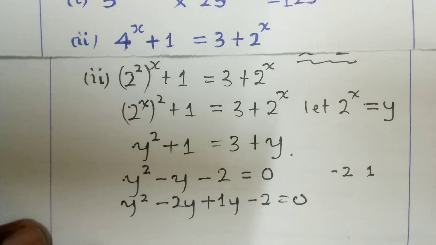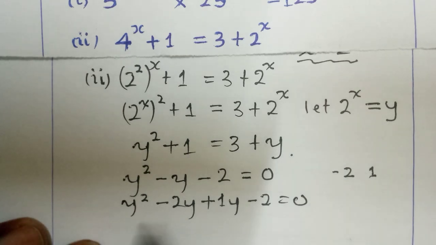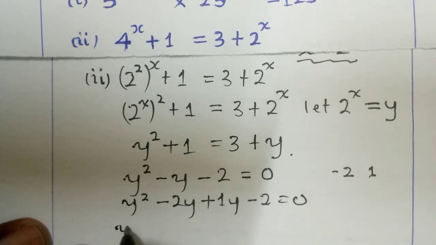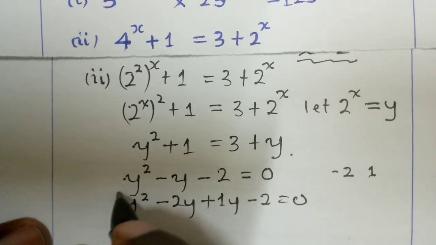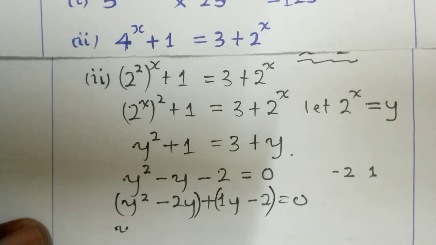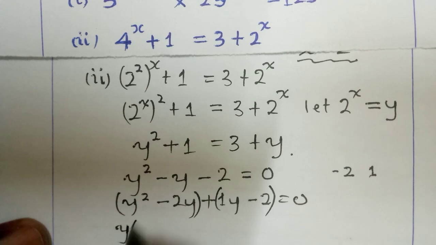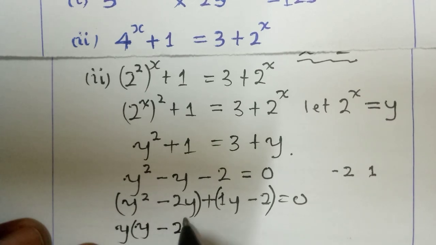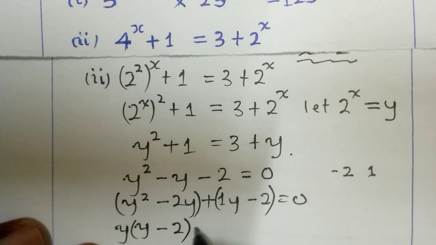So you can factor out the y. First of all, divide it into 2, like that. Then factor out the y. You are left with y minus 2 there. Then plus, you can put 1 there.